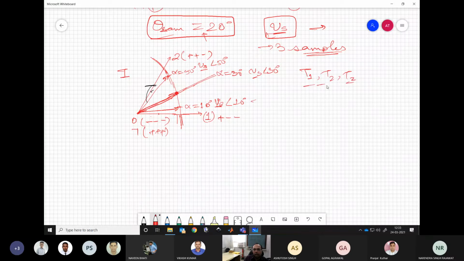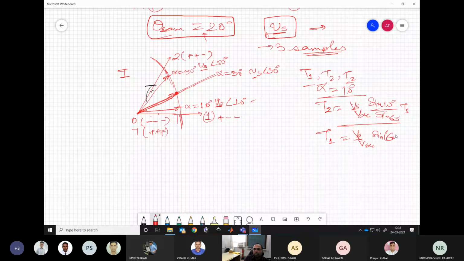For this one, alpha will be 10 degree, so we can compute T2. That will be Vs by Vdc, sine 10 degree by sine 60 degree, times Ts. Then similarly T1 is Vs by Vdc, sine of (60 minus 10) by sine 60, times Ts. Like that we can compute for each sample.